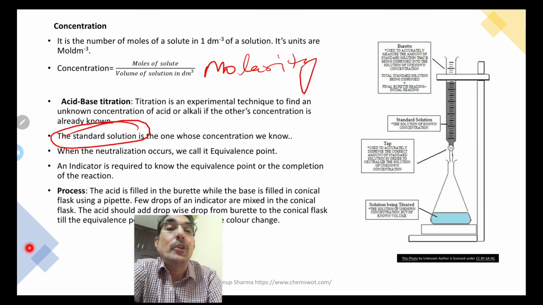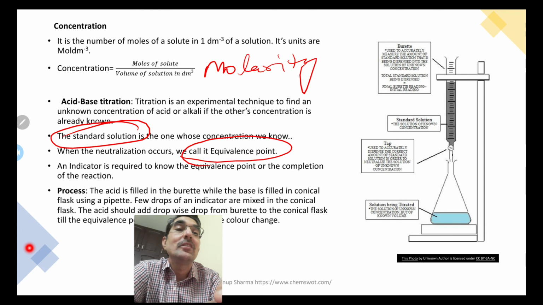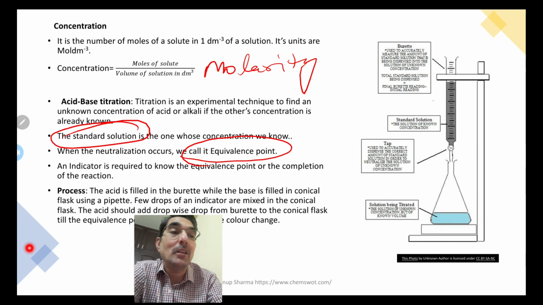And when the neutralization occurs, we call it the equivalence point, at whatever volume we used, when the color changes according to the indicator. An indicator is required to know the equivalence point or the completion of the reaction. So by the color change we can come to know whether the reaction is complete or not.